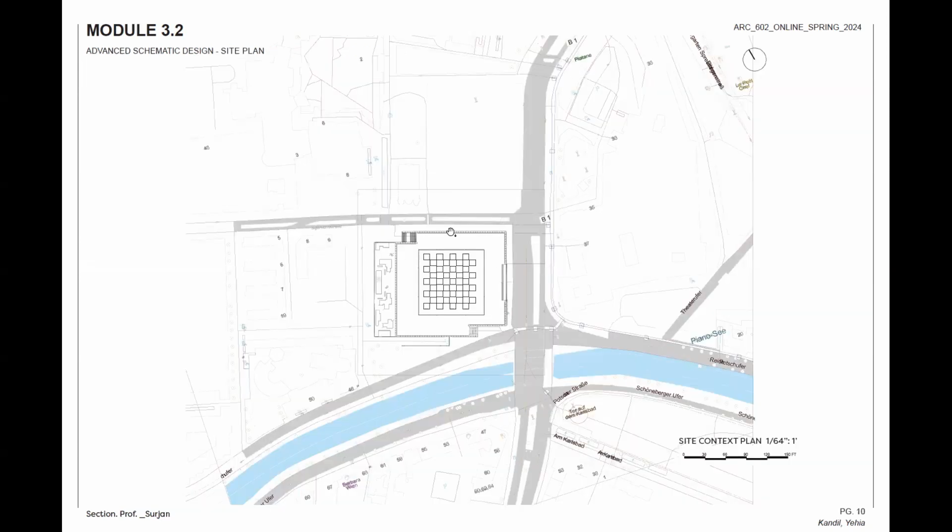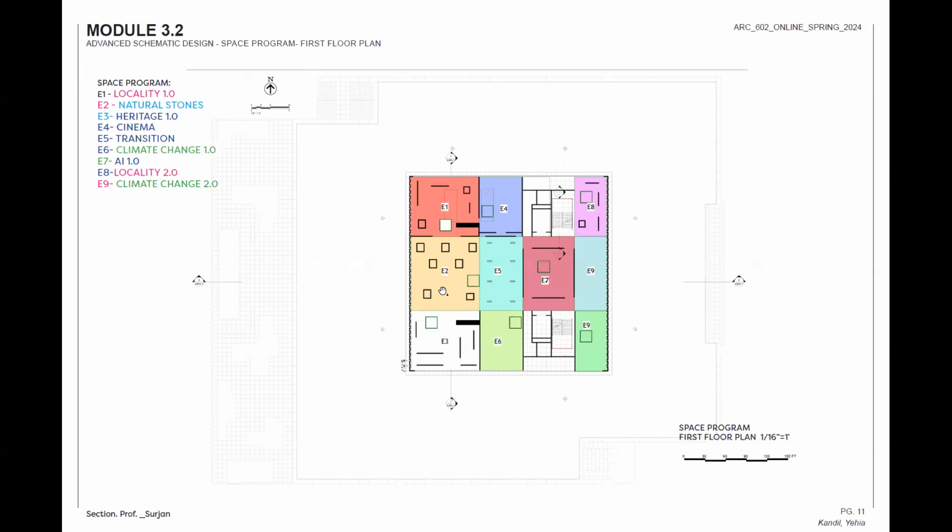The main site would be the same as existing. The only things that would be changed are the roofscape and the interior of the museum, as it will occupy 12 elements that will be presented in the project: the locality and the natural stones and the heritage and cinema on the exterior walls, and climate change and AI on the lower floor.